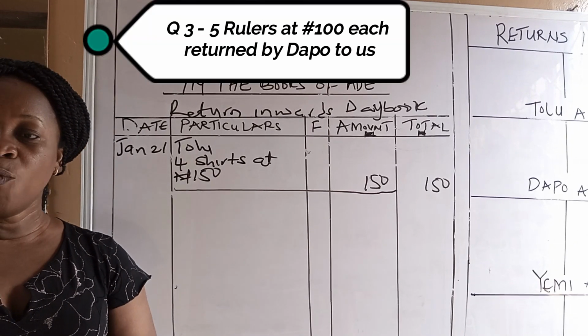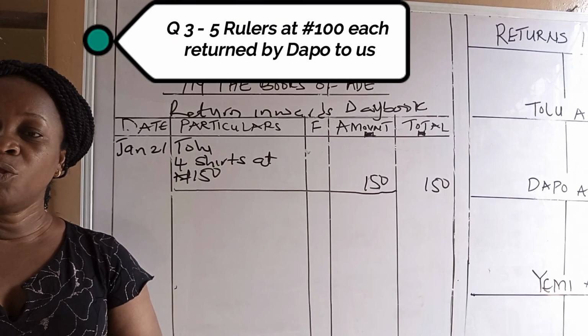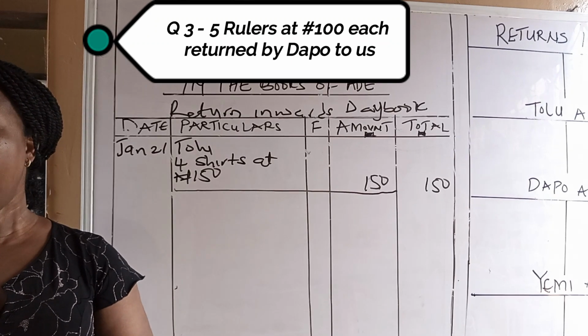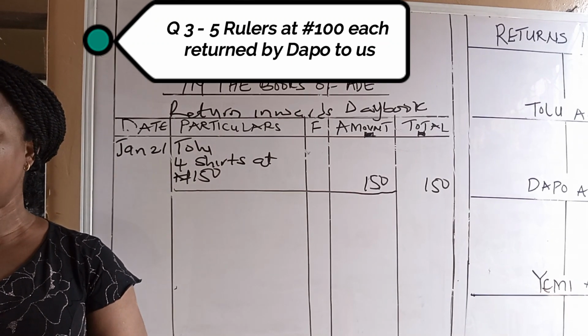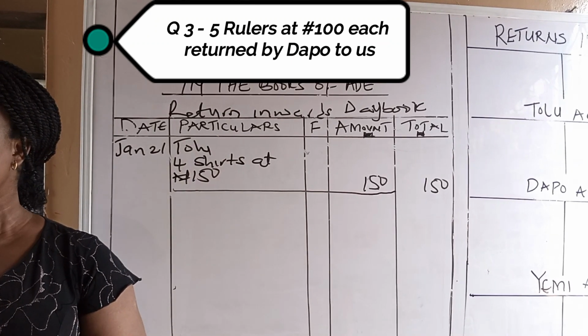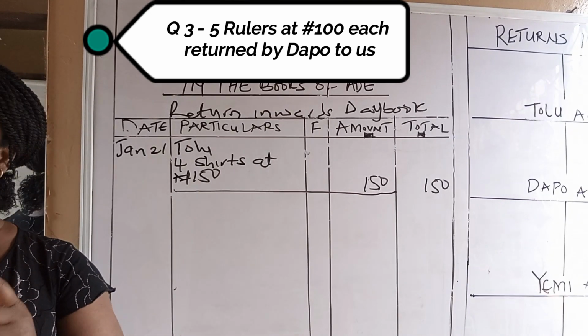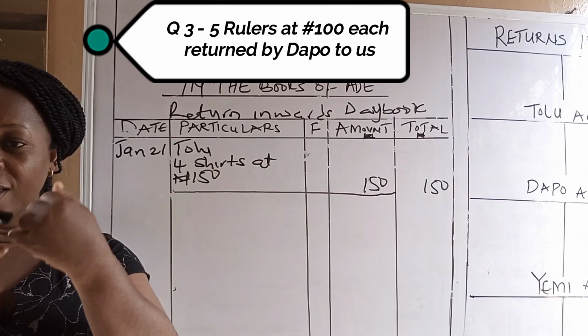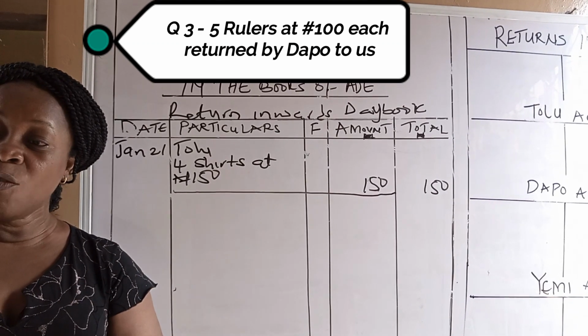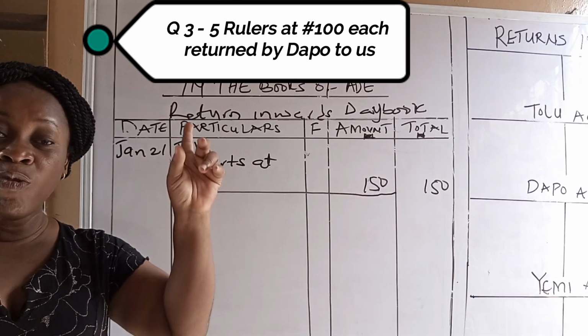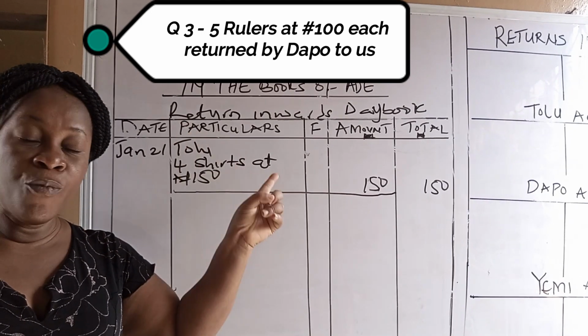Now the next one, January 24: 5 rulers at 100 naira each were returned by Dapo to us. Dapo is returning it to us, and that's the reason why the transaction goes to the return inwards day book.